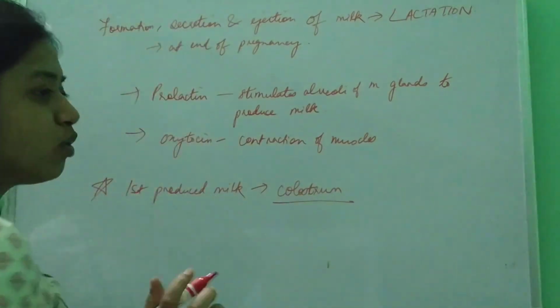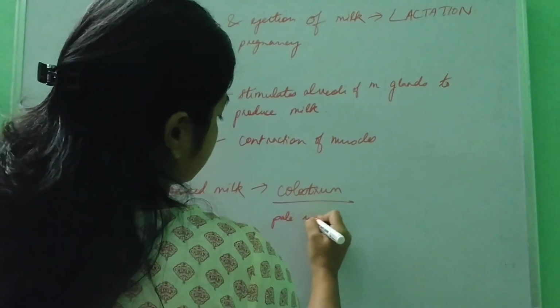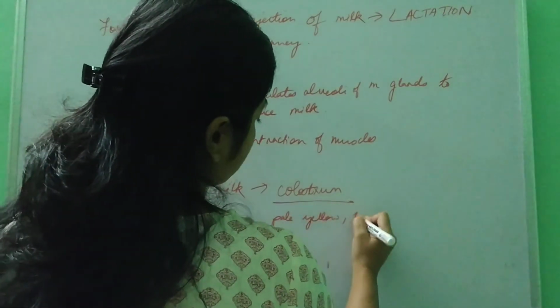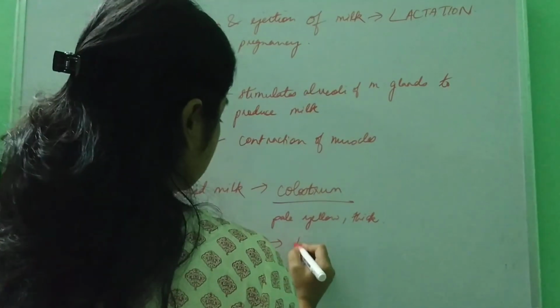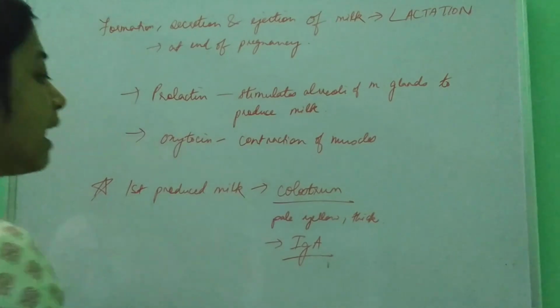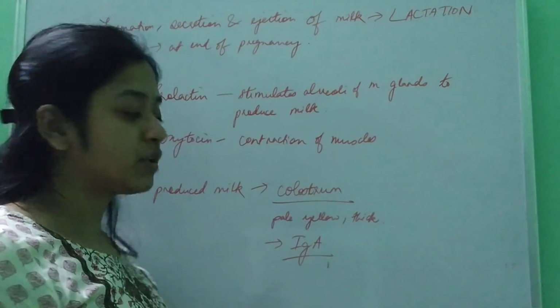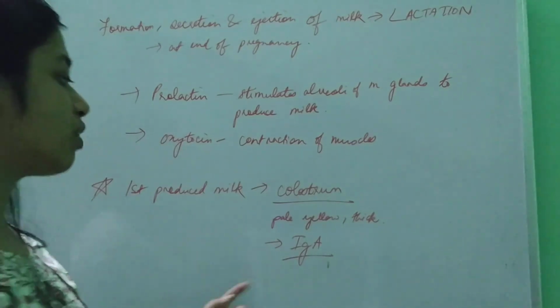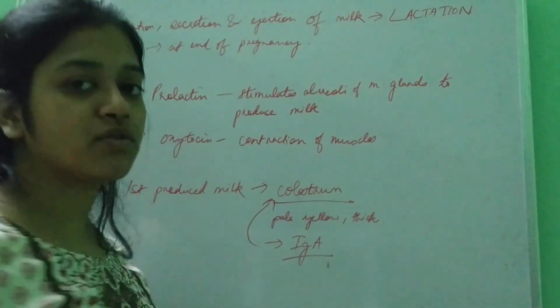It is pale yellow in color, it is thicker, and very important, it contains antibody IgA. So this will help in giving antibody to the baby. Okay, it will give immunity to the baby. So IgA is present in colostrum. This comes in exam, so remember.